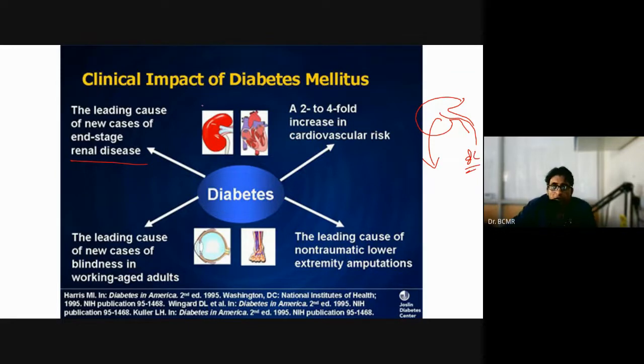And cardiovascular disease, that is a 2 to 4 fold increase in cardiovascular diseases. And extremity amputations, that is another issue that we will discuss in the next slides.